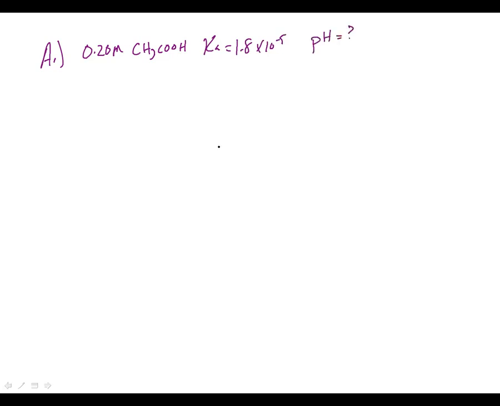So again, to do this, just a basic Ka problem, we have our weak acid that's going to drop off that H plus. Initially, just like a normal one that we've done a lot at this point, 0.2, 0, and 0.